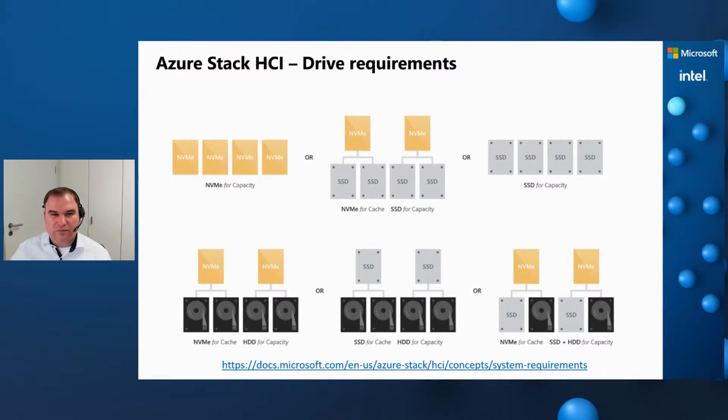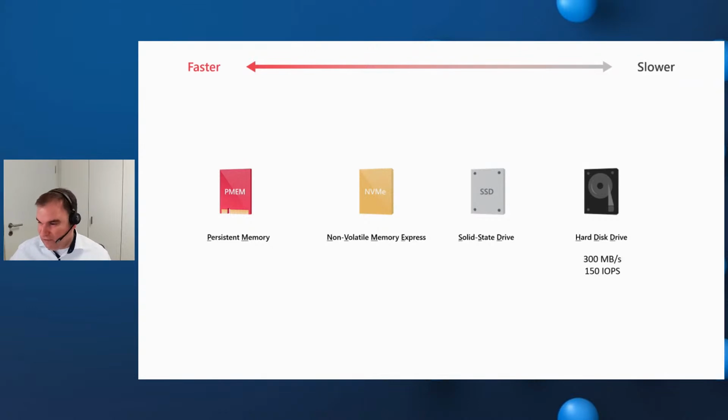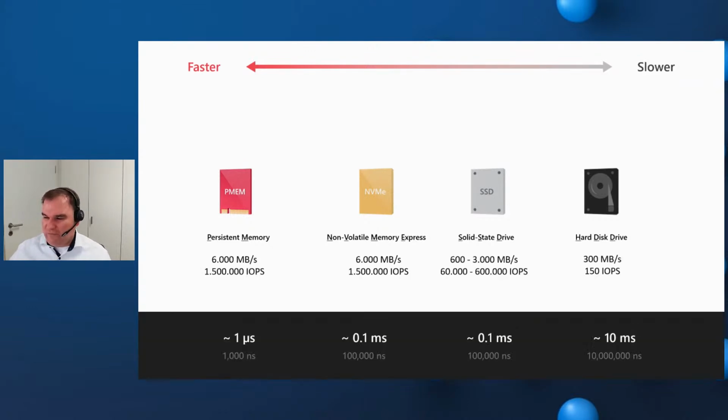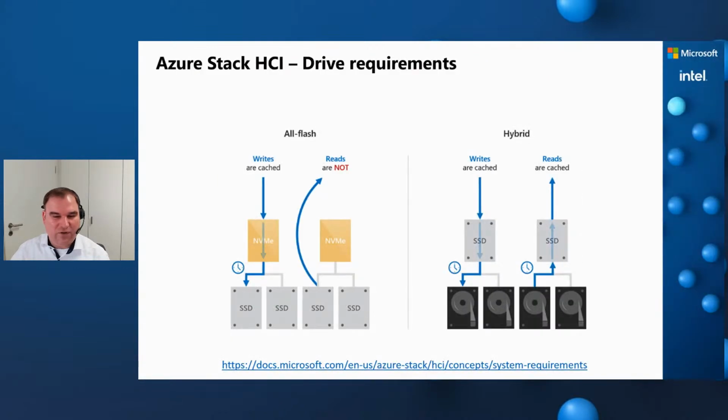For sure, depending on the technology you are using, you have different throughput, you have different performance values from your implementation. Important is to understand if you have a combination of flash and non-flash drives, Storage Spaces Direct always selects the behavior of the cache.